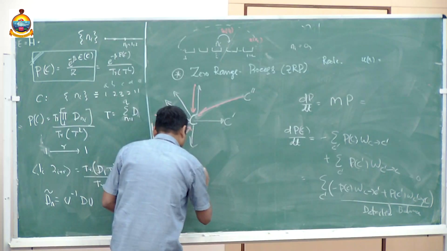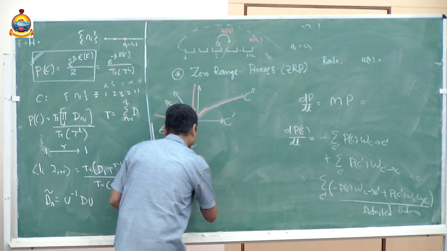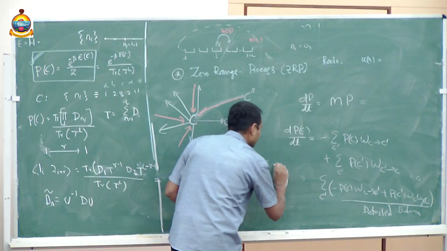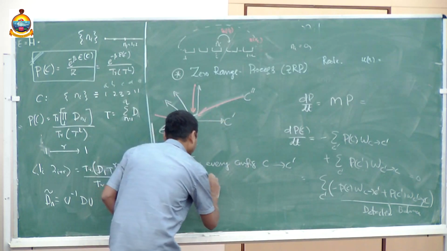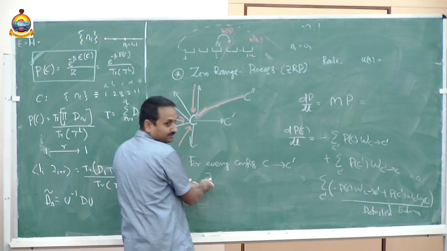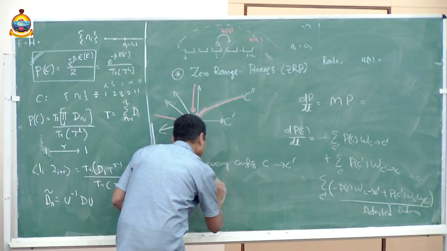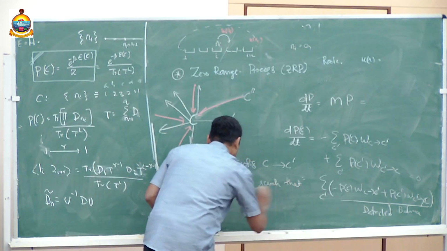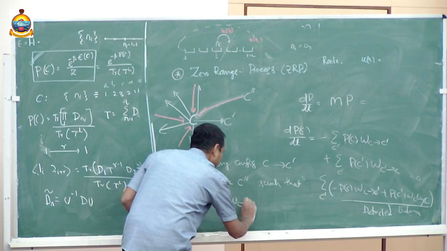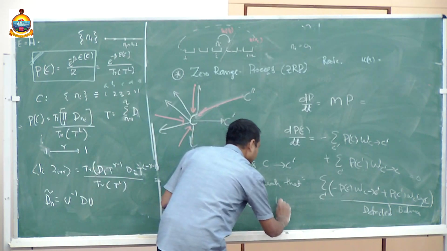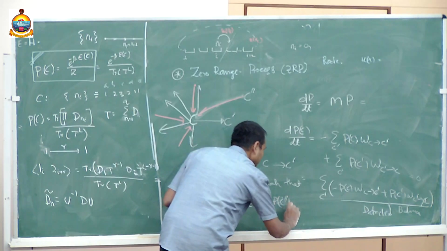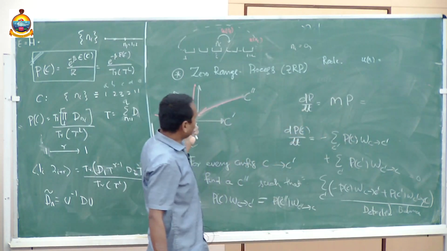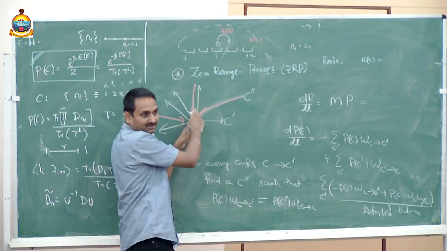So now, for every configuration, let us write that. For every configuration C that goes to C prime, you find a C double prime such that the probability of C with W, C to C prime, balances with the probability of C double prime with W, C double prime to C. So in detailed balance, if you are going here, it is balanced by this one.